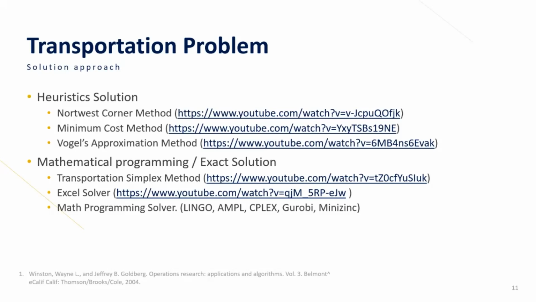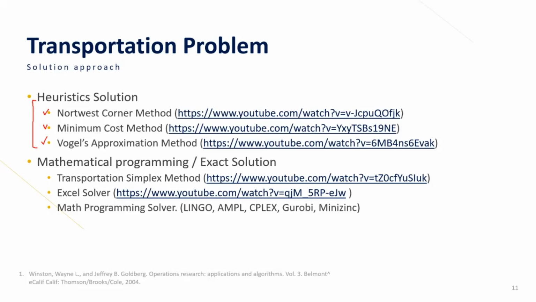Now we try to discuss more on the exact solution and mathematical programming approach. If you want to study again the heuristics, such as Vogel's approximation method, northwest corner or minimum cost, you can always see those videos that I provide the links to here.